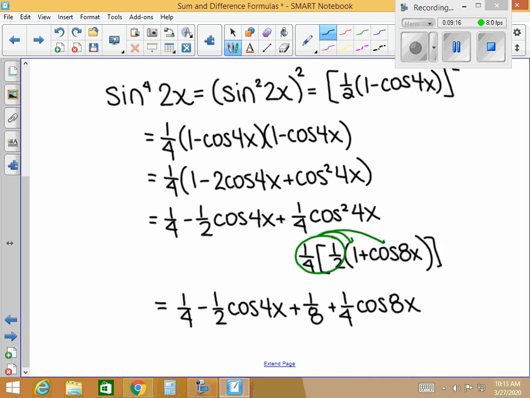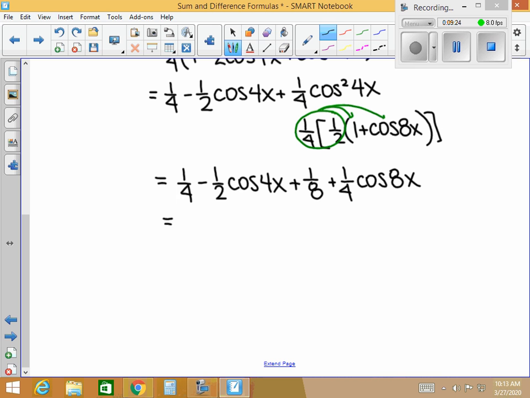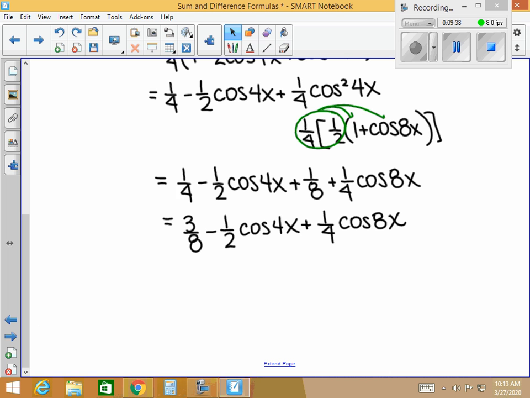I can put my 1/4 and my 1/8 together and call it 3/8. I need to go up one more time, sorry. 3/8. I have the minus 1/2 cosine 4x term. I have my plus 1/4 cosine 8x term. And there I stand.